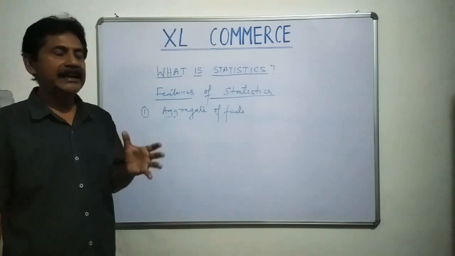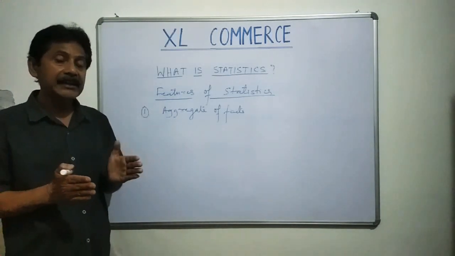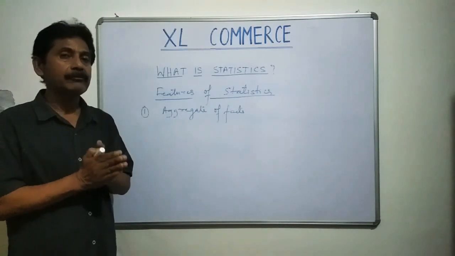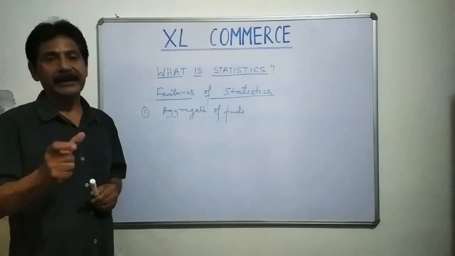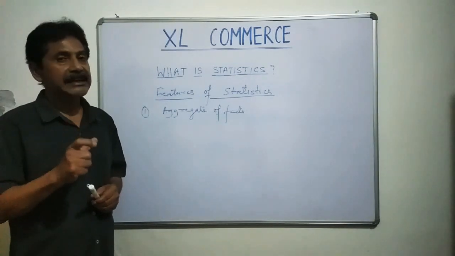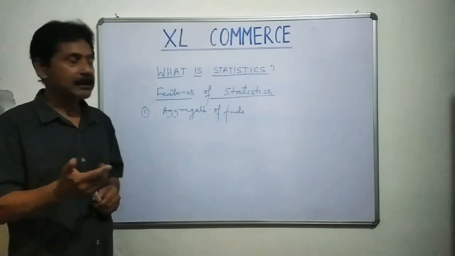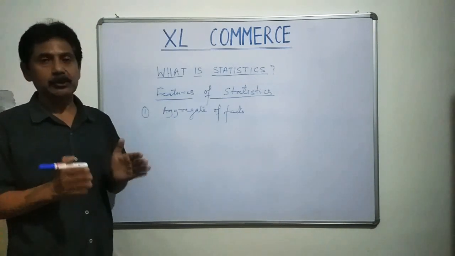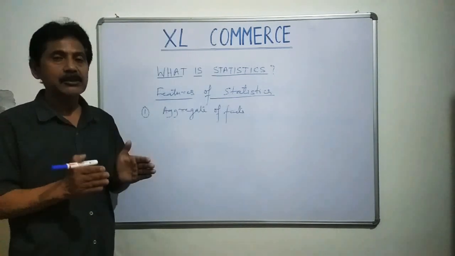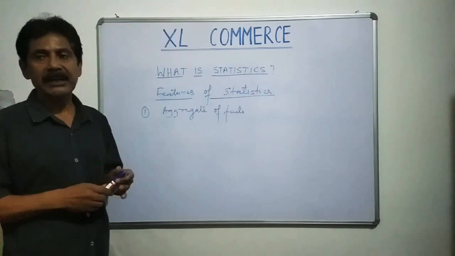So it is not the aggregate of facts. When we take the measures of heights of all the students, then we can call it aggregate of facts. Here the data is expressed in numerical terms. Moreover, we are taking aggregate of facts, means collective data, heights of all the students of class 11.